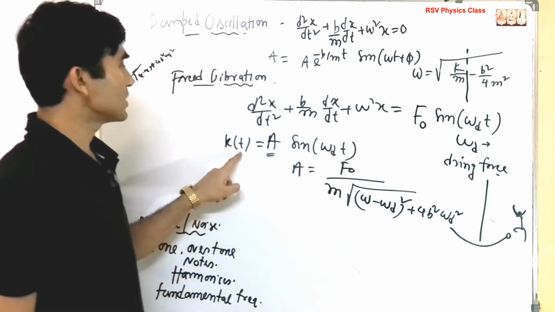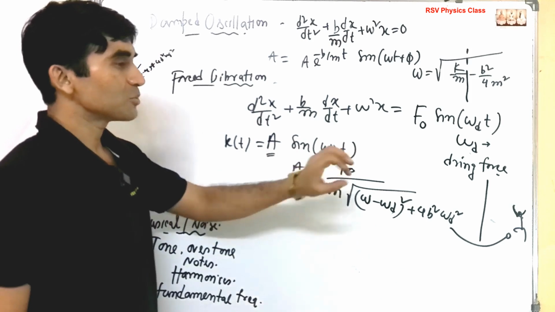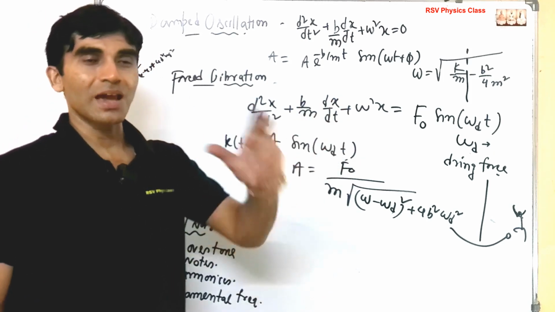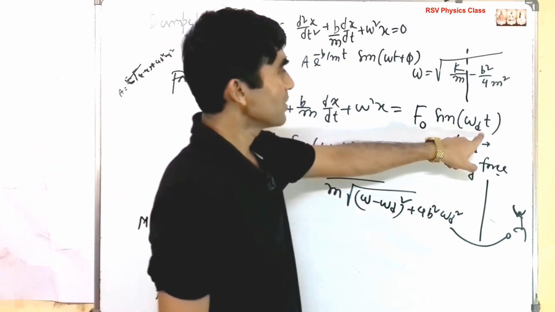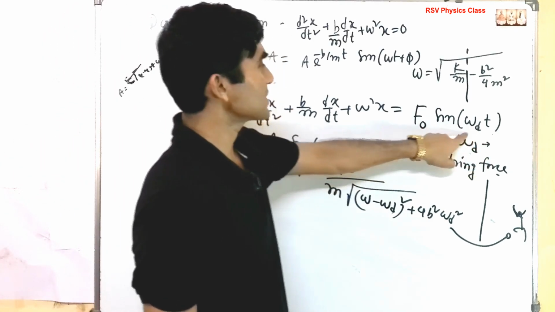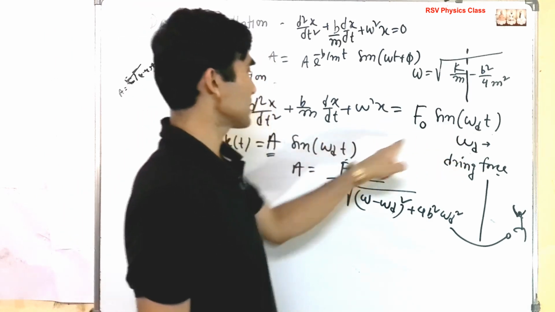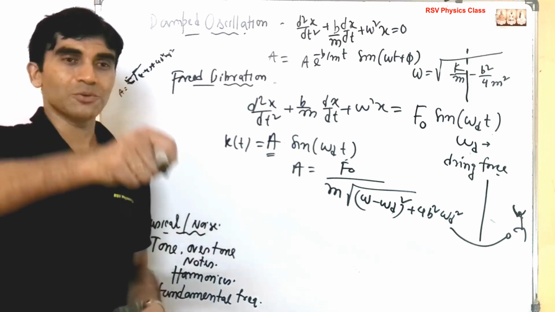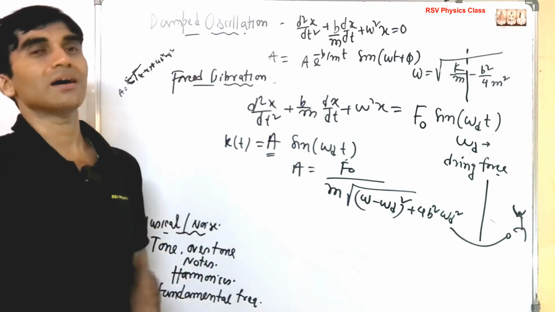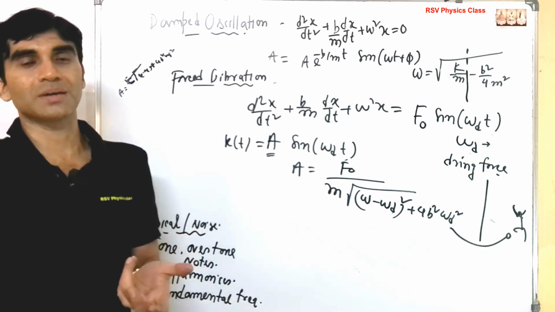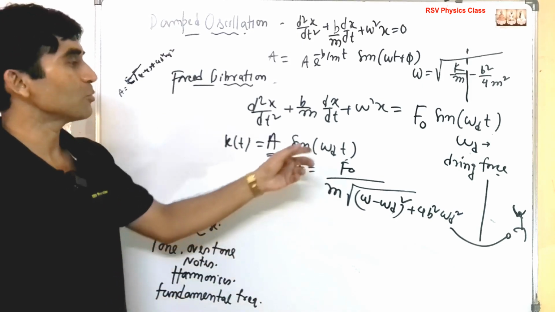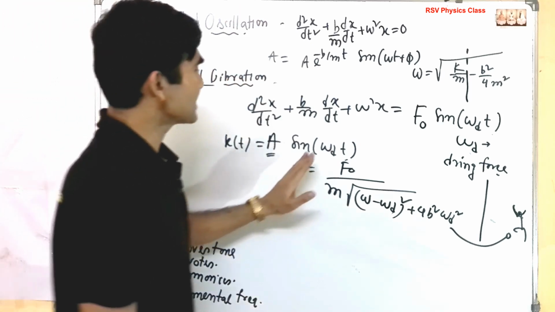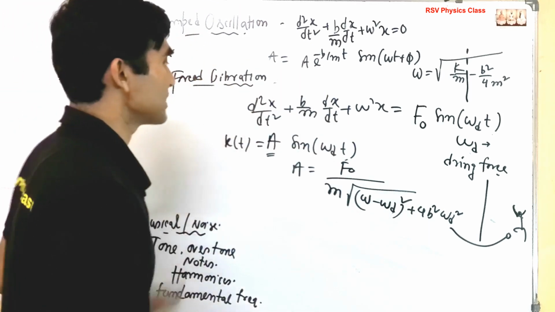So here the solution is A sin omega_d t. The natural frequency of this oscillation has died out and it is taking the frequency from the forced oscillation. Like when you turn the FM knob to 98.3 megahertz, oscillation at that frequency starts. So this is the example of forced oscillation.